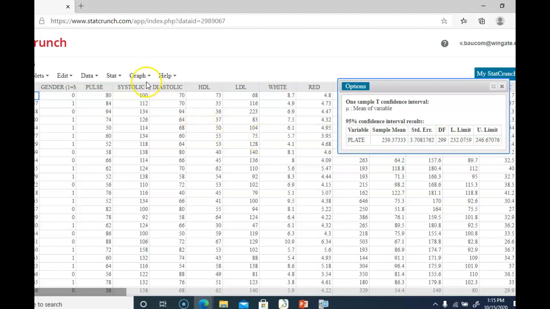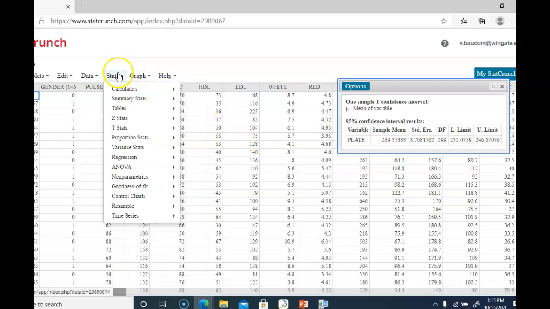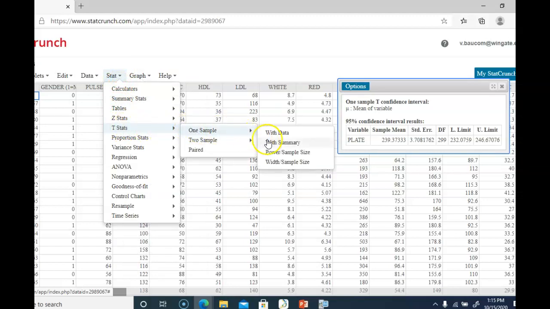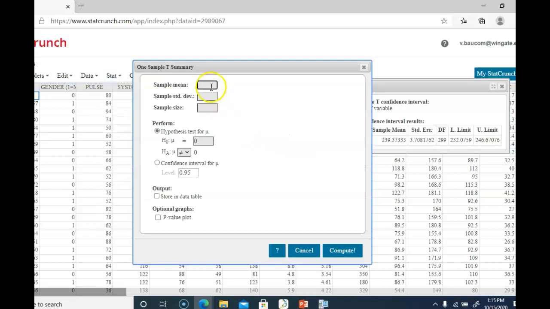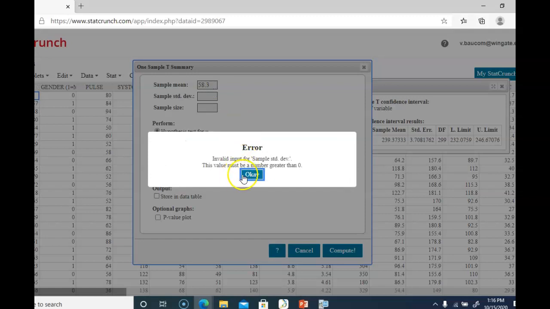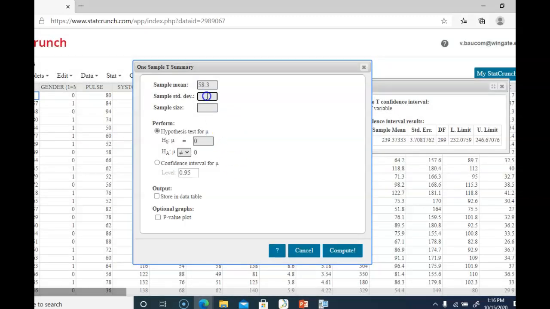If I don't have the data, then what I can do is just go and choose, just like with the calculator, with summary. And so I'll enter my sample mean. So on one of our previous problems, our sample mean was 58.3, and the sample standard deviation was 9.5, and the sample size was 40.